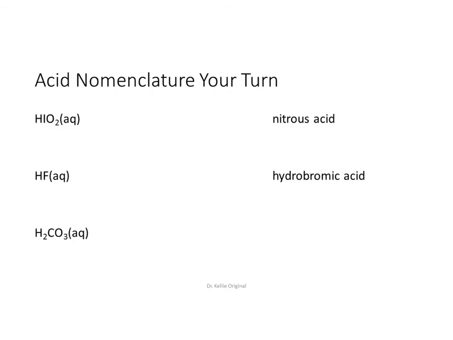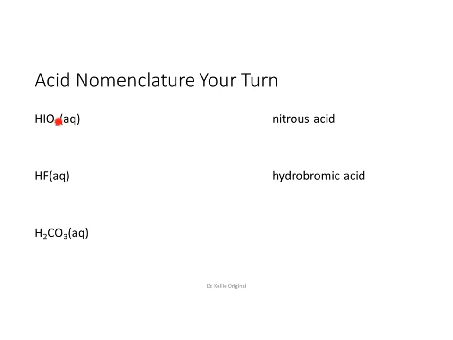All right, your turn. Before you listen any farther, please, I'm begging you, try these on your own, right? Please try these on your own. All right, did you try them on your own? Sure you did, because these look like fun. All right, so let's go through them. We have acids here because it's hydrogen.